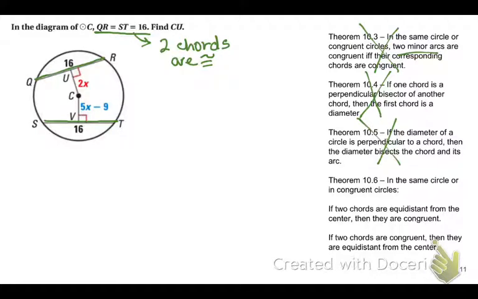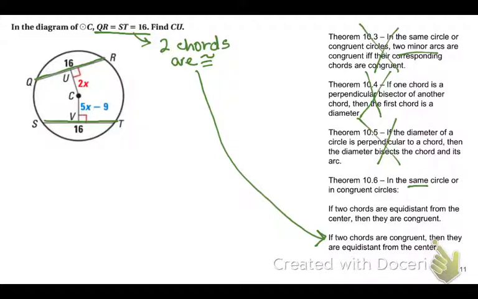So that leaves us 10.6. In the same or congruent circles, we're working with the same circle, so that's okay. It's telling us that two chords are congruent. So this part of the theorem tells us if two chords are congruent, then they are equidistant from the center.